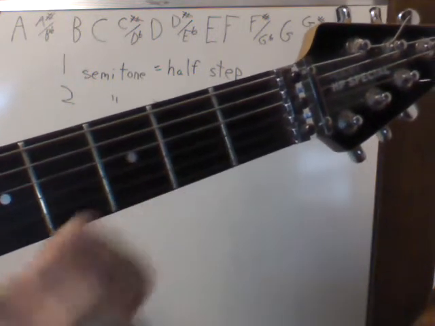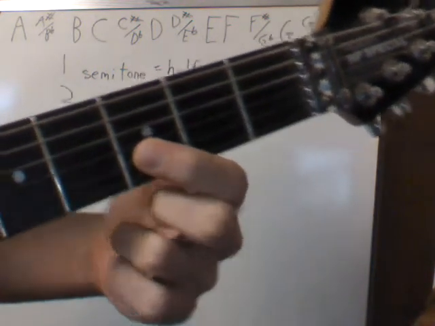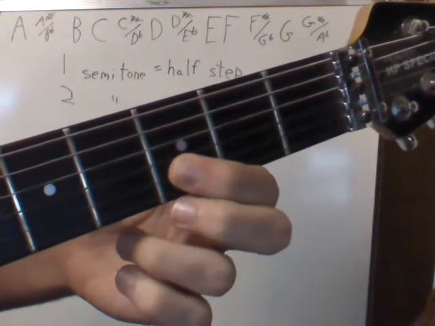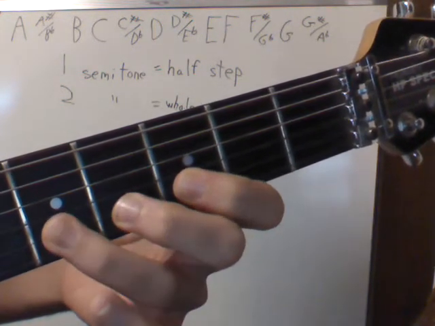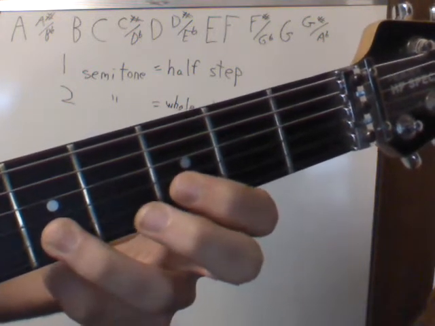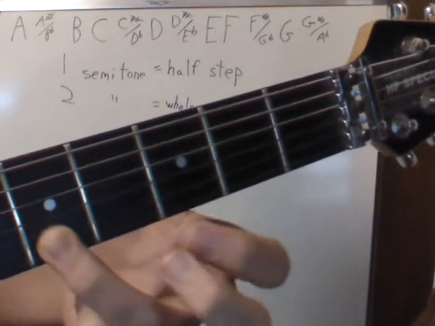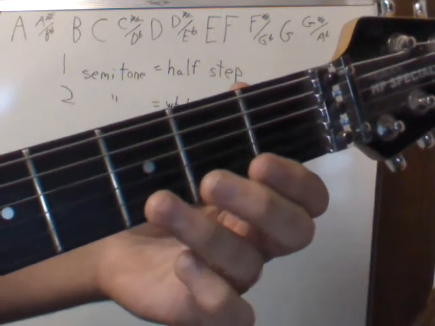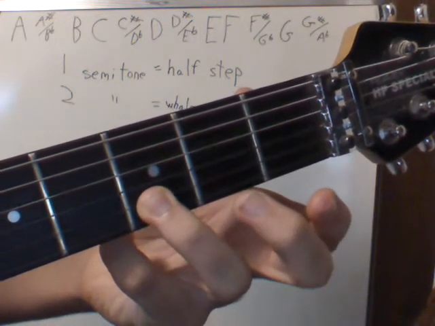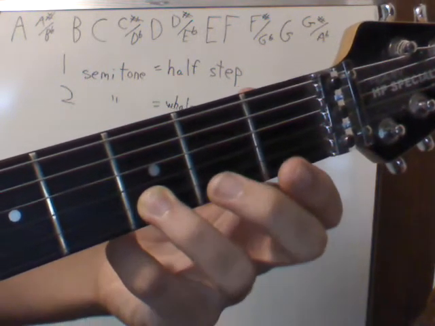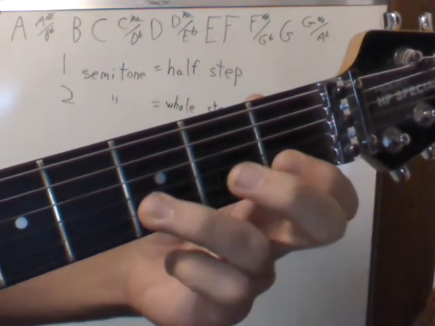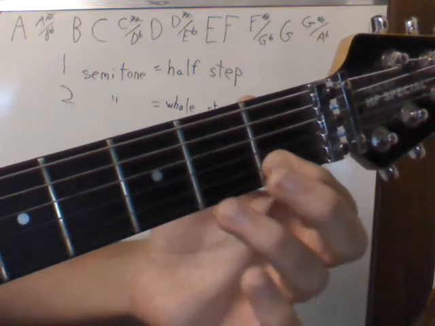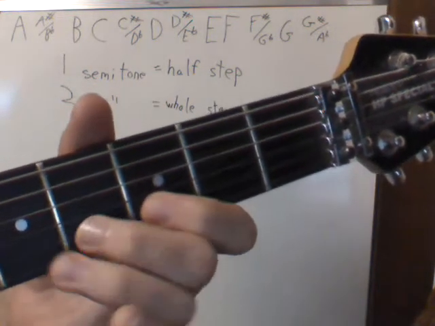If I were to say go up a whole step from the 3rd fret of the B string, what would that be? The 5th fret of the B string. If I were to say go down a whole step from the 3rd fret of the B string, it would be the 1st fret of the B string. So you have to have that kind of reference note to go up or down.